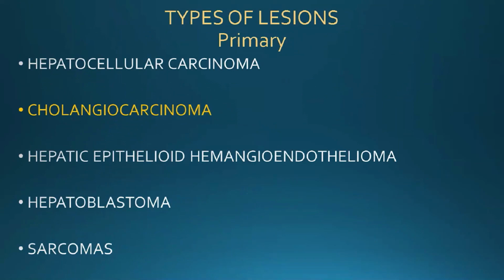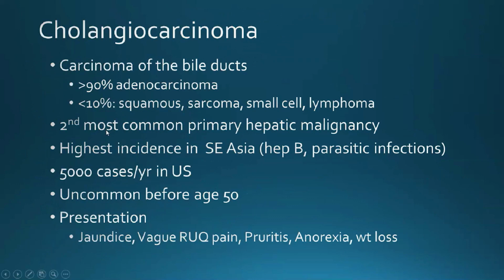So, changing gear a little bit, in this discussion we focus on cholangiocarcinoma, which is the second most common primary hepatic malignancy. 90% of them are adenocarcinoma, and the highest incidence is in Southeast Asia, in patients with hepatitis B, parasitic infection, or also exposure to toxins.